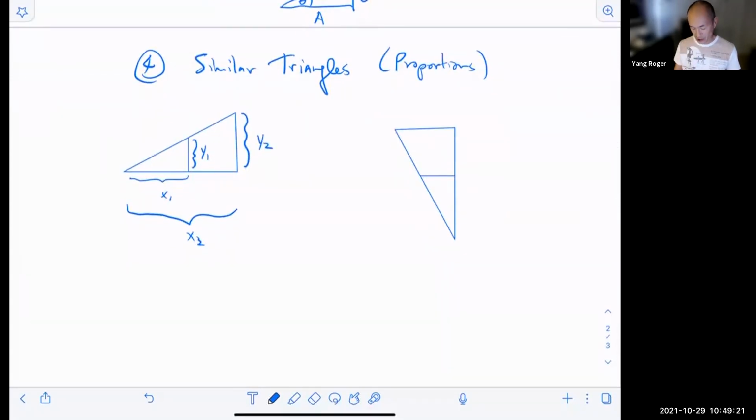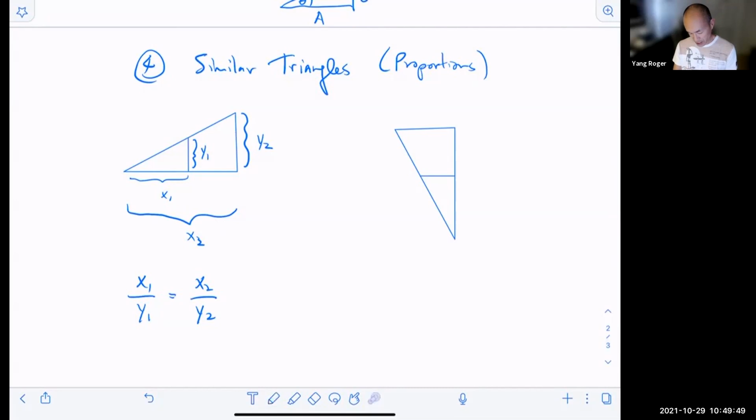And the proportional relationship that we have looks something like this. The ratio of this side to this side is going to be the same as the ratio of this side to this side. So if I wrote that as a fraction, that would be x1 over y1 is going to be the same as x2 over y2. Does that make sense to you?